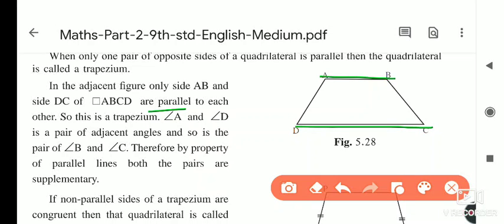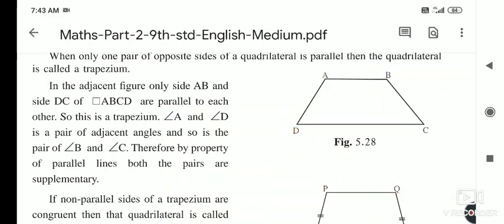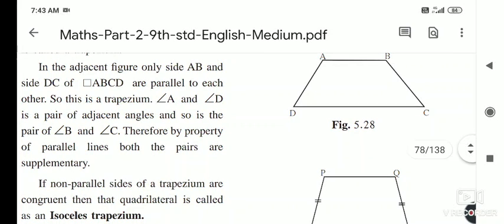So in this trapezium, angle A and angle D, these two are what? Supplementary, because AB and DC are parallel lines and AD is its transversal, then BAD and ADC are interior angles between two parallel lines.